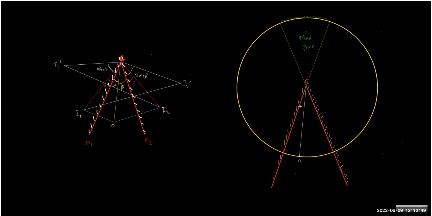And if I choose alpha and beta as angles, the second image will be alpha away, then third will be like alpha plus 2 beta away. Eventually, for all of the images, you can see the first mirror can form images till the image is falling till this angle.